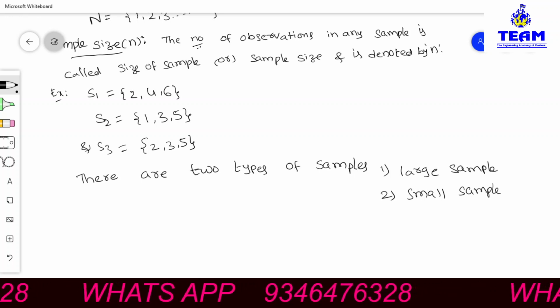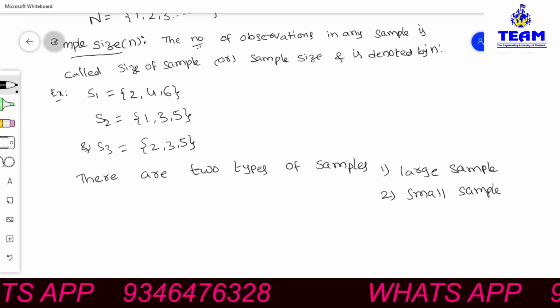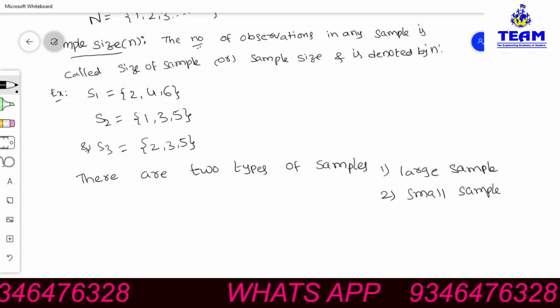Large sample and small sample are defined based on sample size.